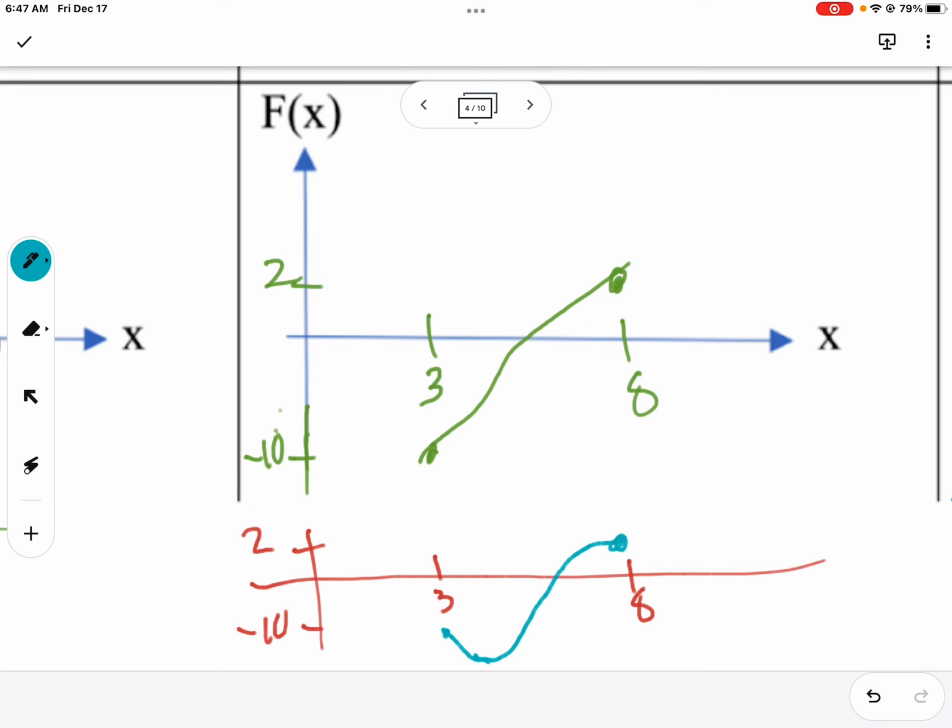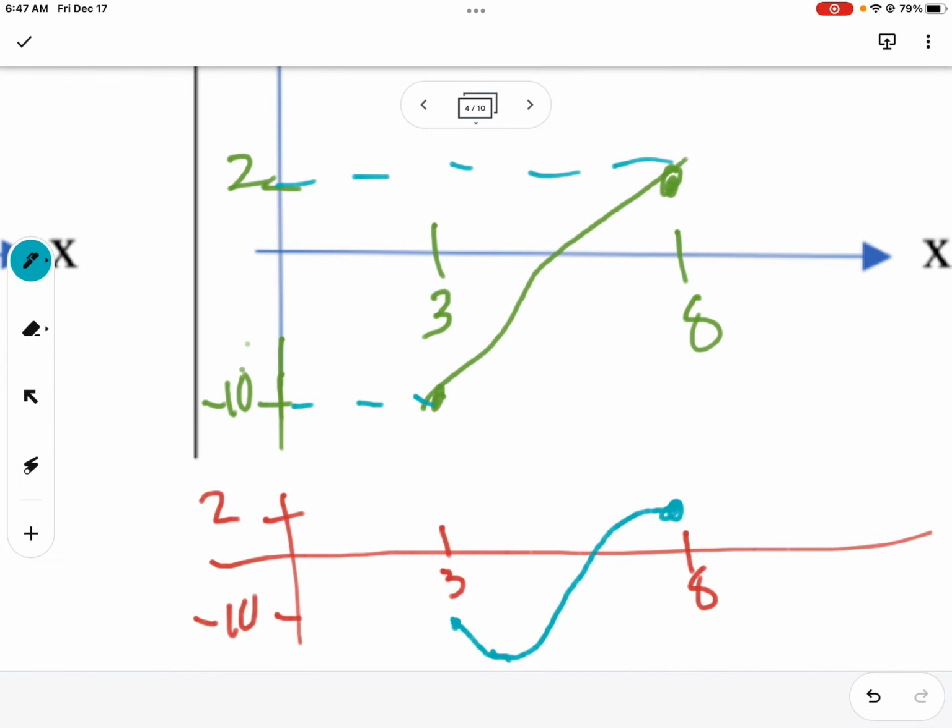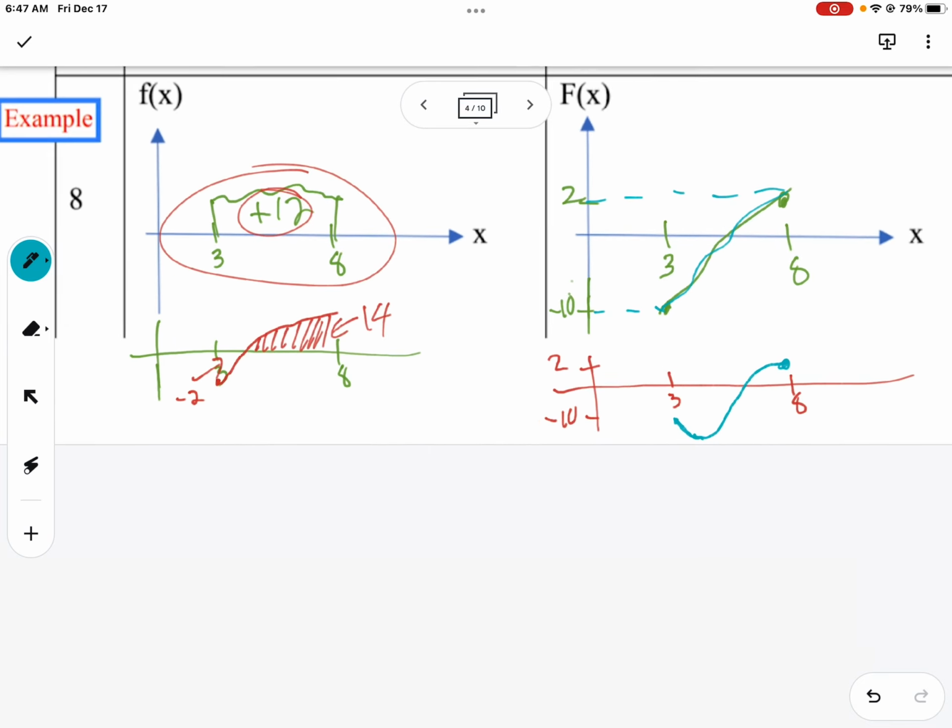I could have done that. There's a variety of ways we draw it, but the main thing is that it starts at negative 10 at x equals 3 and finishes at x equals 8 with y equal to 2. Whether it just goes up the whole time or dips and then goes up, we don't know.